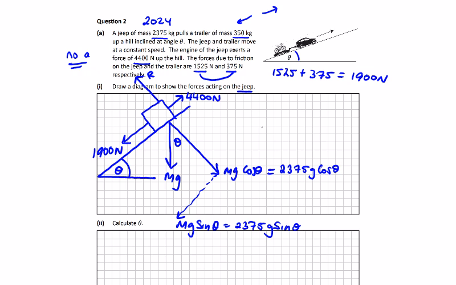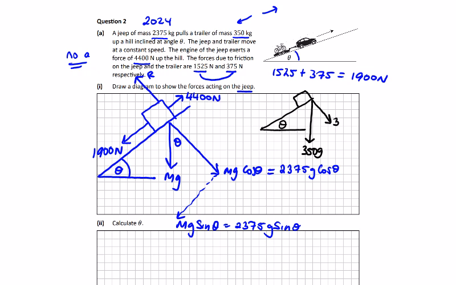There is another force at play as well, so just be careful. If we take the trailer of mass 350, we're going to have 350g.